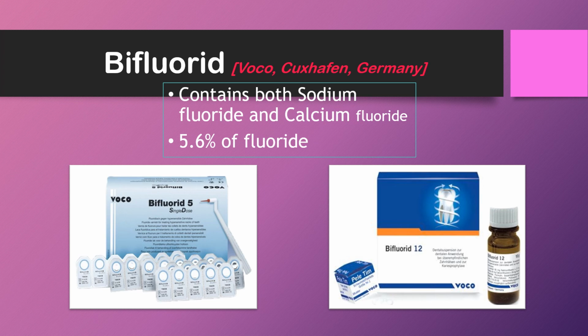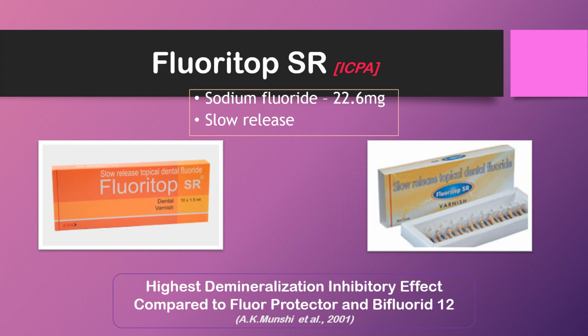This is available as both metered dose as well as in bottles, and each metered dose can be used for a patient for both the upper and the lower arch. Fluoritop SR is the next one, which contains sodium fluoride, about 22.6 milligrams. Fluoritop has a slow release of fluoride, and there is a study which says that it had the highest demineralization inhibitory effect when compared to Fluor Protector and Bifluorid 12.